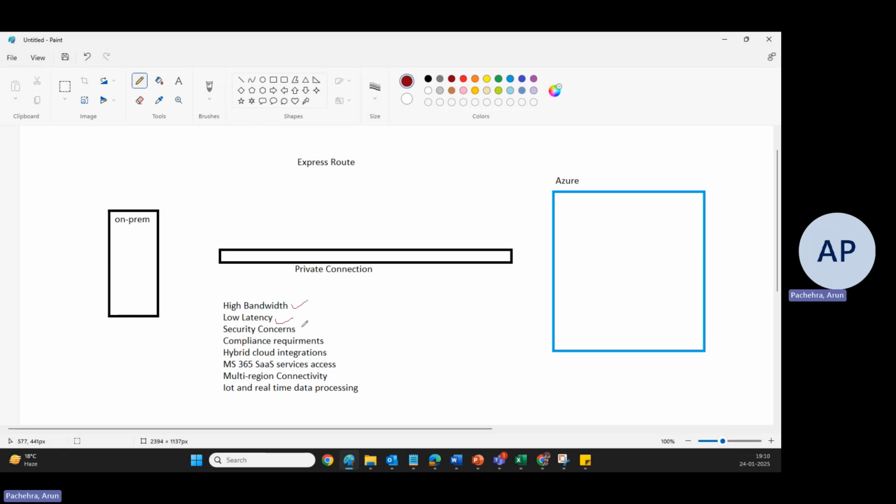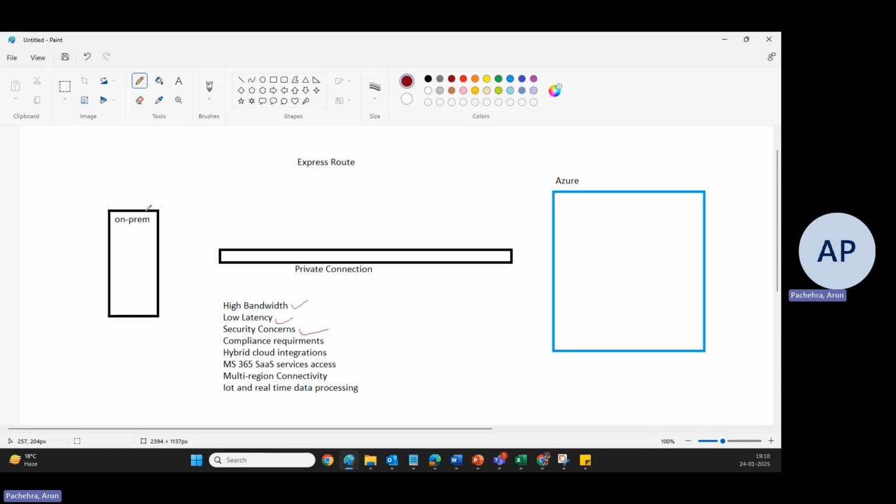Now, public internet connections expose sensitive data to potential threats like interception, hacking, and unauthorized access. This creates risk for industries with strict confidentiality requirements. So there is a challenge of security.